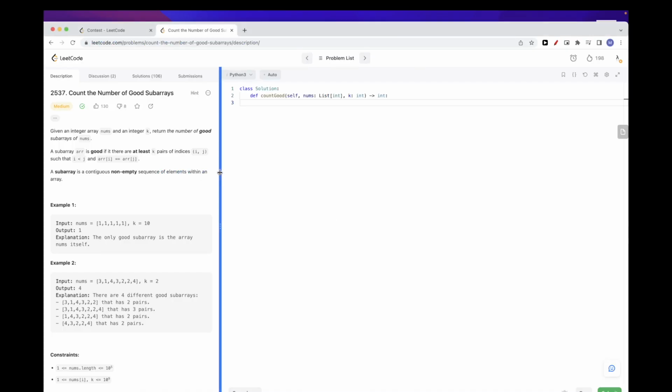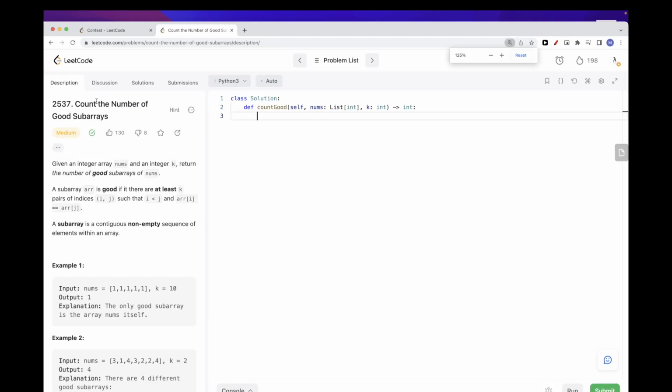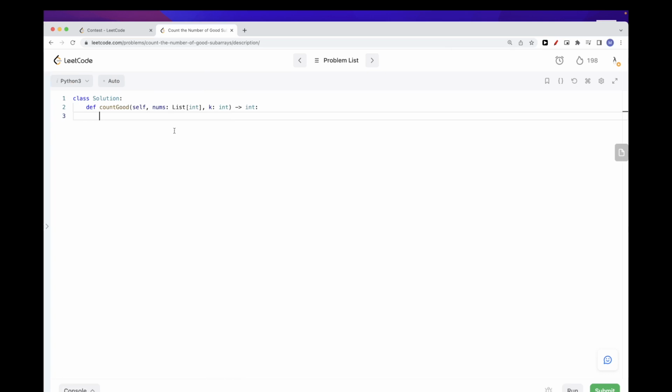Okay, so let's write the code we saw in the overview here. So we just need to define a couple of variables first. The first one would be n for the length of the array. And then we need our window pairs, right? The data for our window. So let's call this window data.